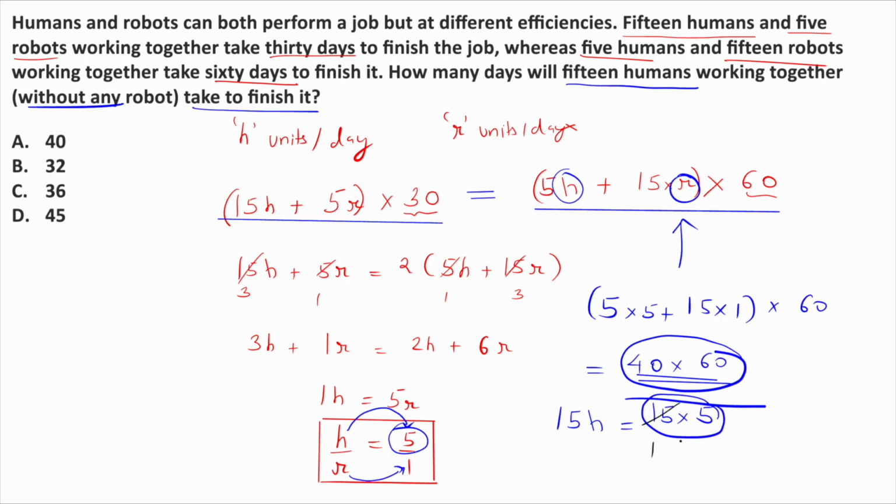We cancel out 15 ones are and 15 fours are 60 and 5 ones are and 5 eights are 40. 8 into 4 is simply 32. Time taken by 15 humans alone without any robot to finish the work is 32 days, and very clearly it is our B option, right? Very straightforward question. This is exactly how we solve it. The answer is option B, 32 days.